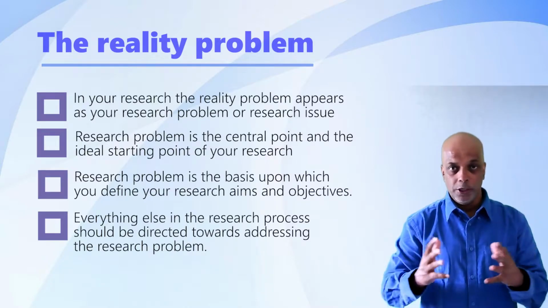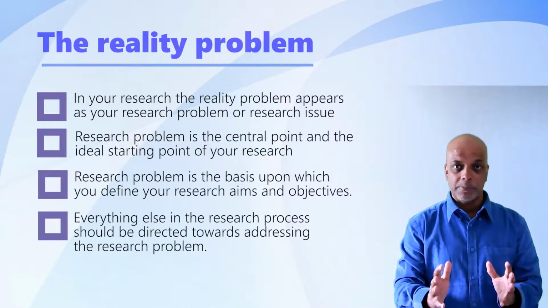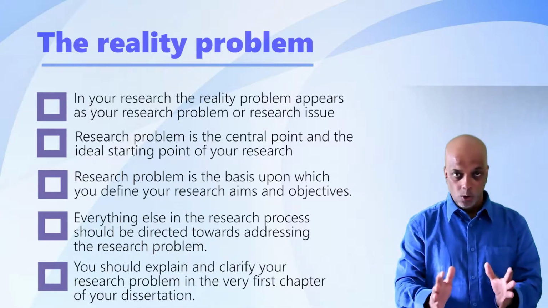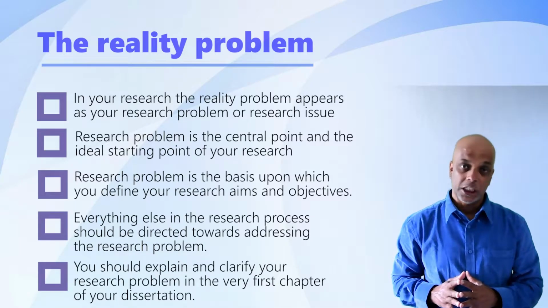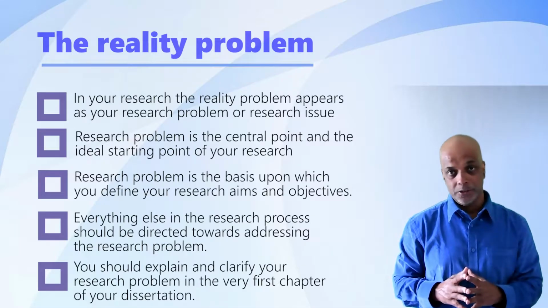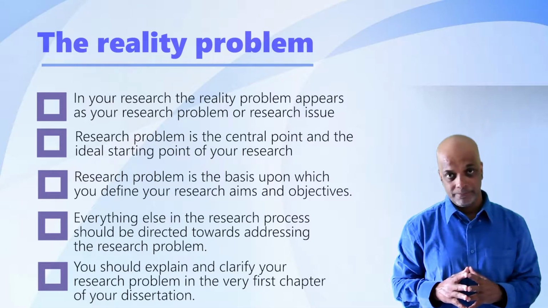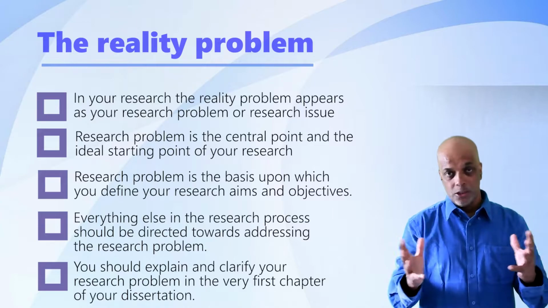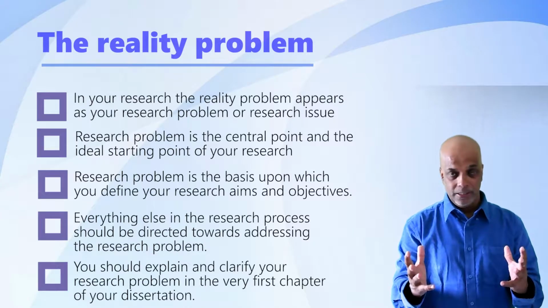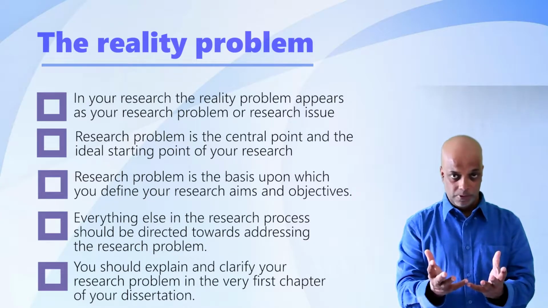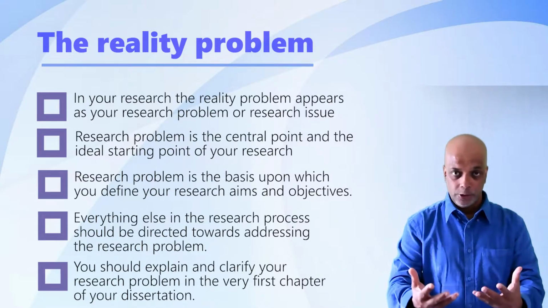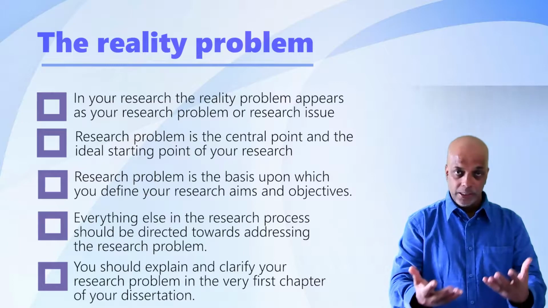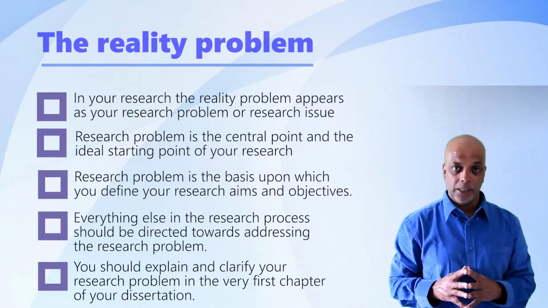You would normally do this in the very first chapter of your dissertation or the very first section of your research paper, the introduction part or the introduction chapter. So there you will explain very clearly the background of the research problem, and then you justify why you should spend your time and effort in addressing this particular research issue.